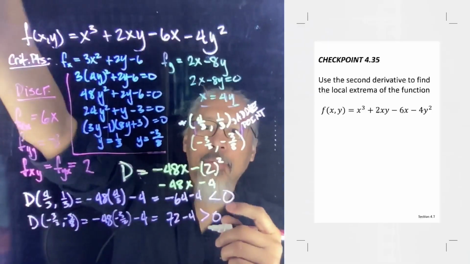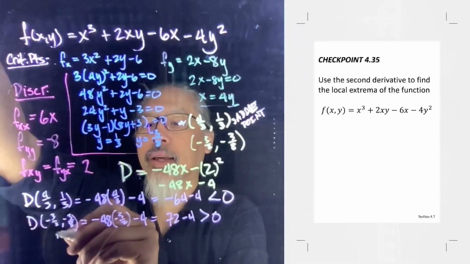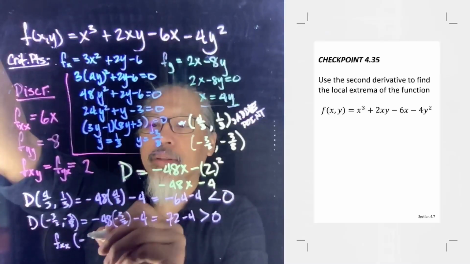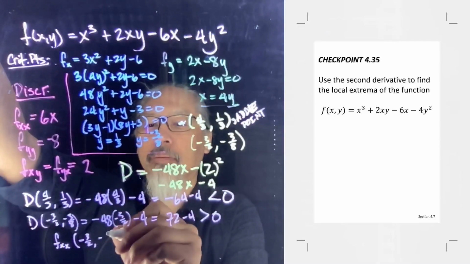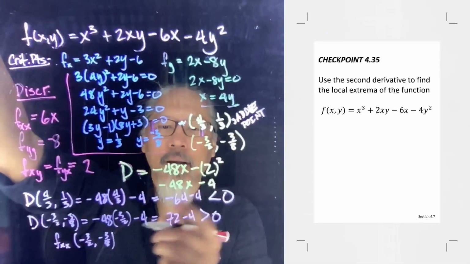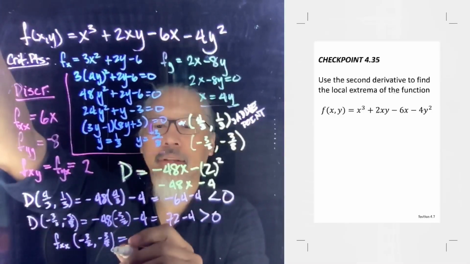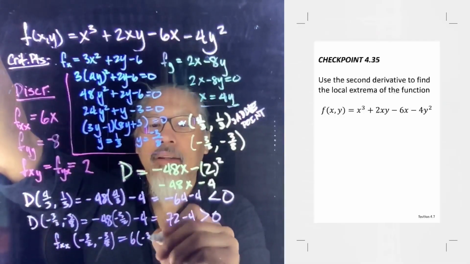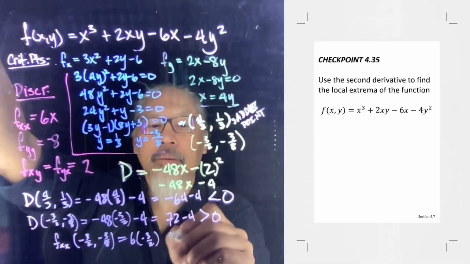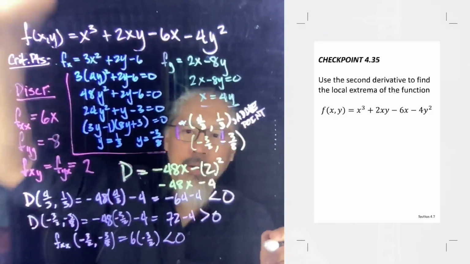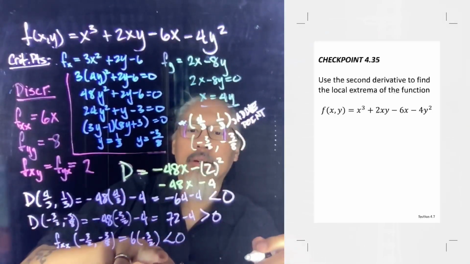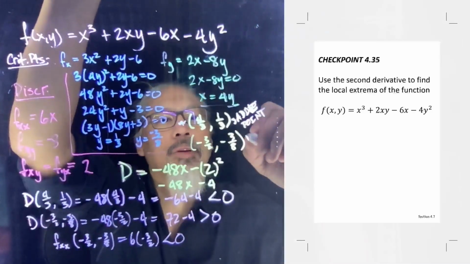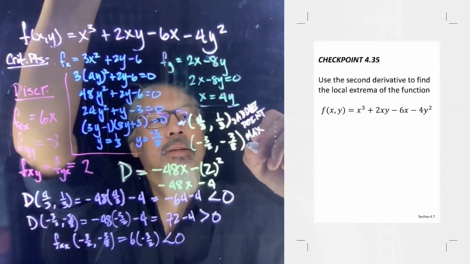So when our discriminant is bigger than 0, we have to do one more test, and that is to put that point into fxx. So that's negative 3/2, negative 3/8. There's no y's here, but we still should put these values in. So that's 6x, and that's going to be a negative value. Negative means it's concave down, so this must be a maximum point.